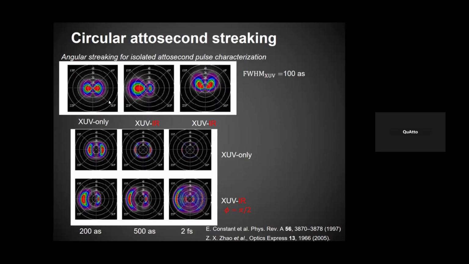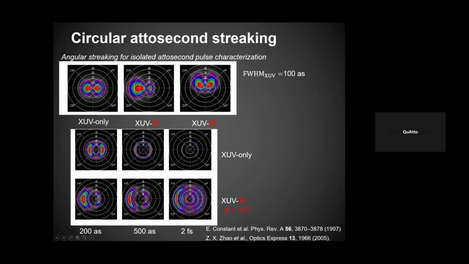You have an isolated attosecond pulse, and you do streaking with this circularly polarized infrared field. Depending on the relative arrival time, you will get the streaking in, for example, the left direction or the upward direction. Essentially it depends on which direction the vector potential is pointing at the ionization instant.